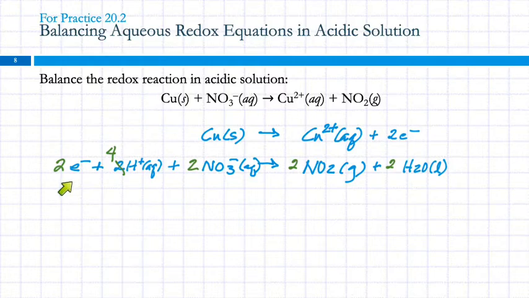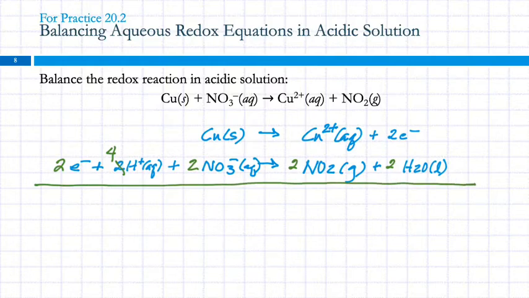I need there to be 2 electrons in this equation because there's 2 electrons up here. And when I add them together, I need the electrons to cancel out. So now that I've accomplished that, when I add these together, 2 electrons and 2 electrons are going to cancel out. And I'm going to copy down what's left.